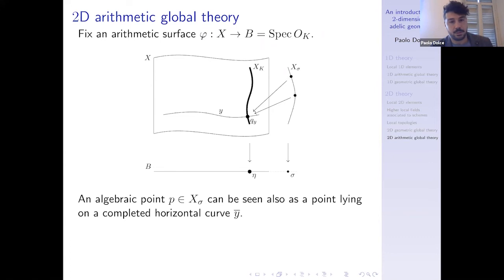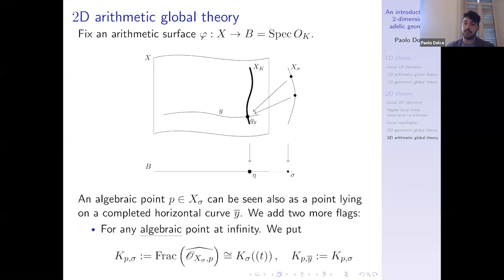Okay, so of course, not all points from the curve at infinity arise as intersection points from horizontal curves, but just algebraic points. So let's say that on the fibers at infinity, there are some points that arise as intersection points with horizontal curves.